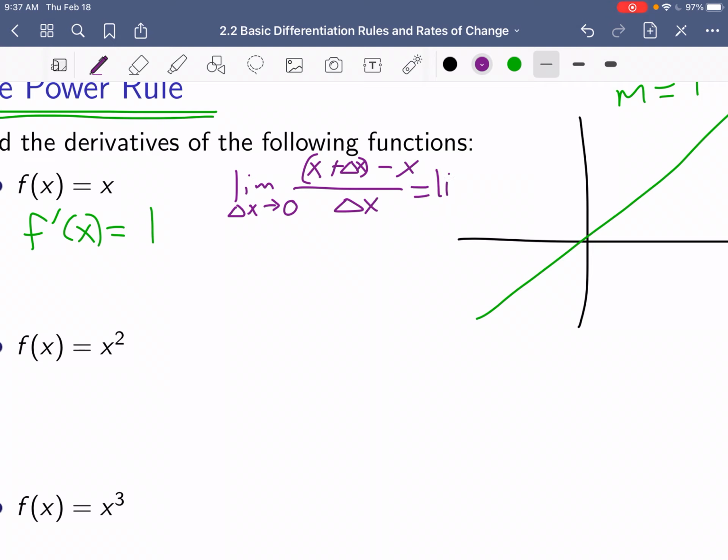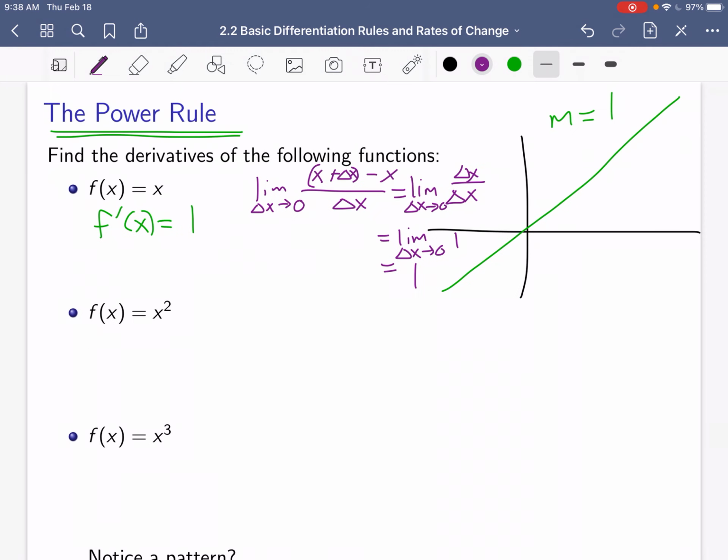And when we do this, we get the limit as delta x approaches 0 of delta x over delta x. And since we have no delta x's there, we have a limit of 1.